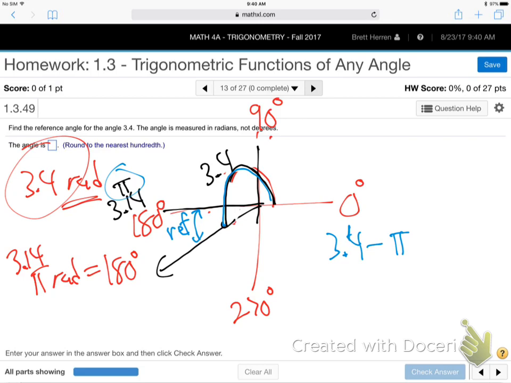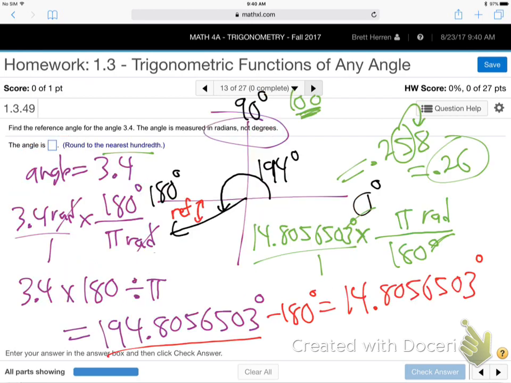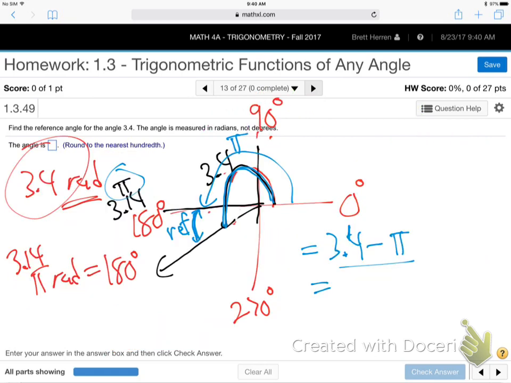So everybody see that? Just staying in the radian system, because this angle is pi. Right from here to here is pi. So 3.4 subtract pi is the difference, the reference angle. So you guys have your calculator? 3.4 subtract pi, it had better come out 0.26. In fact, it does, yeah. That's 0.26, that's right.